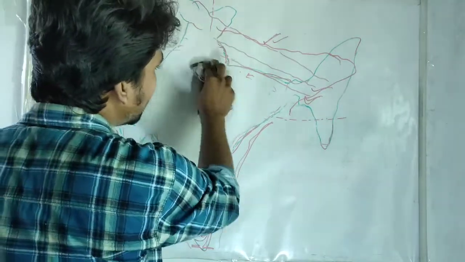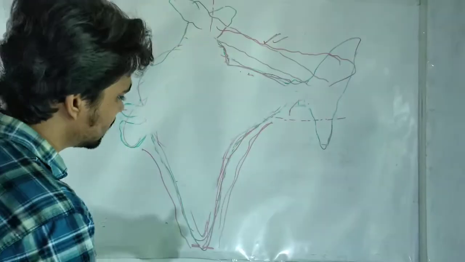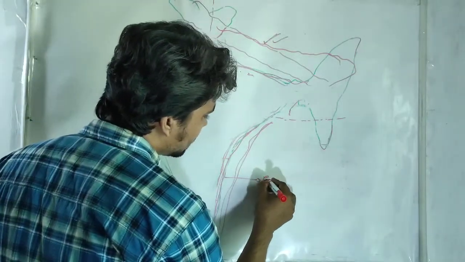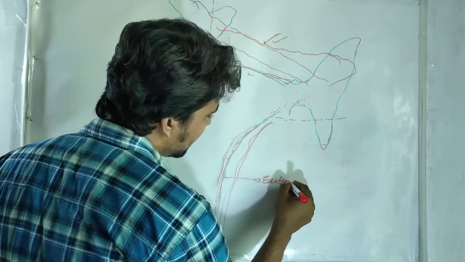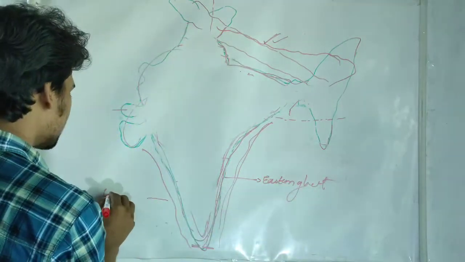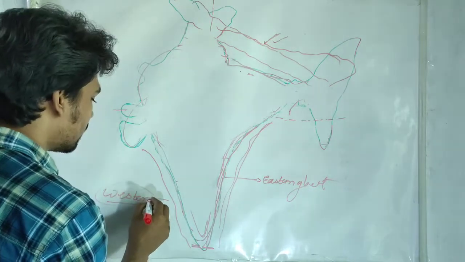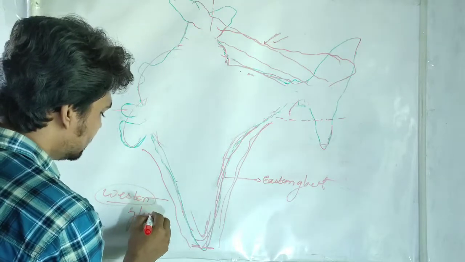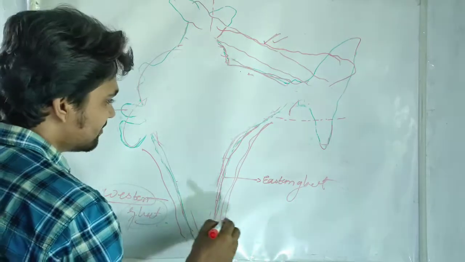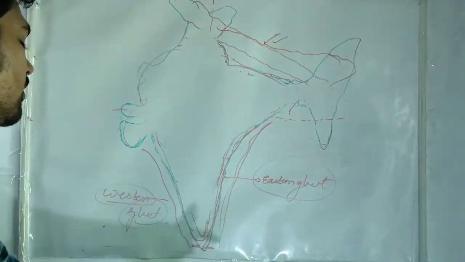The first one is Eastern Ghat, and the second one is Western Ghat. These two major ghats define the limit of India in the ocean.